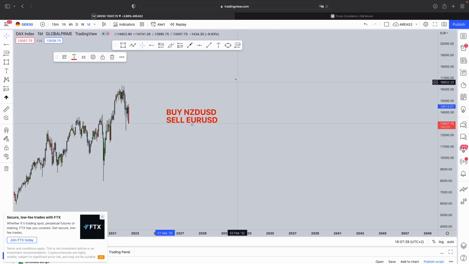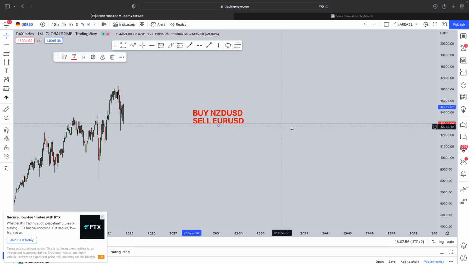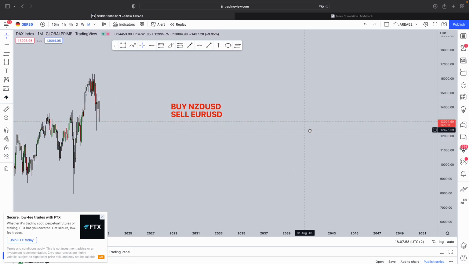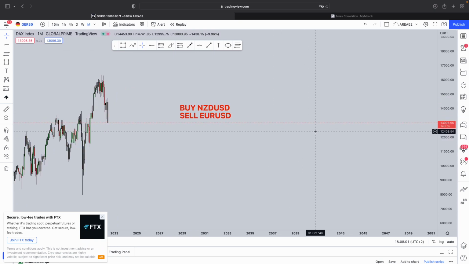Let me repeat that once again. A positive correlation means that two currency pairs move in tandem, and a negative correlation means that they move in the opposite direction.